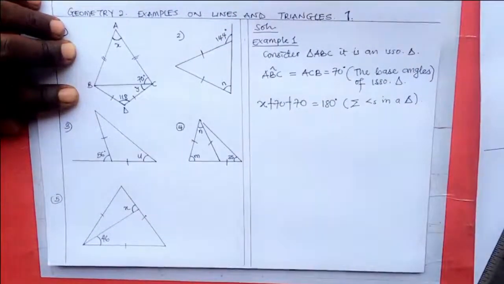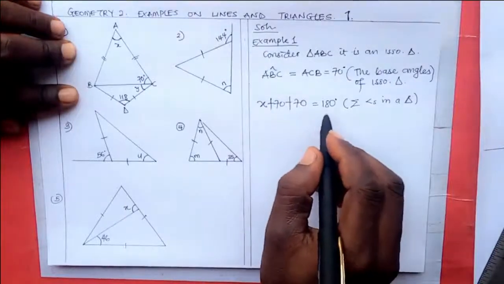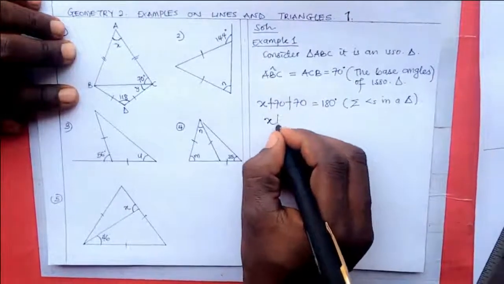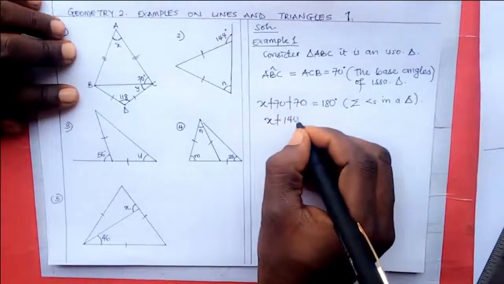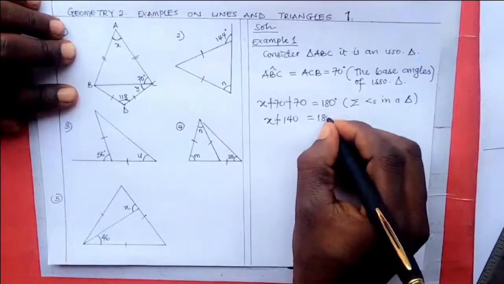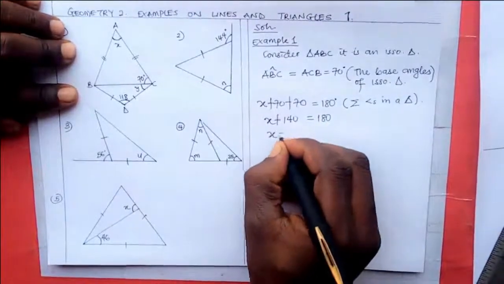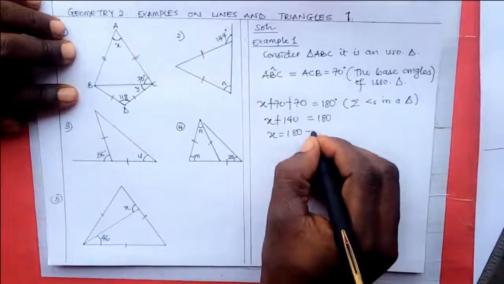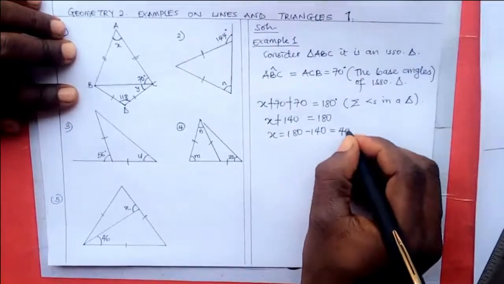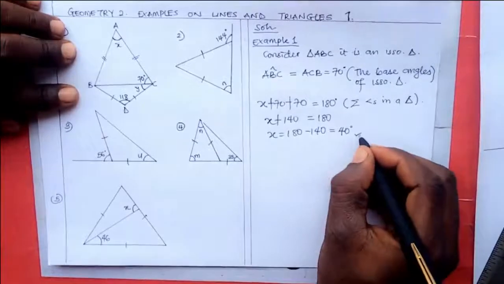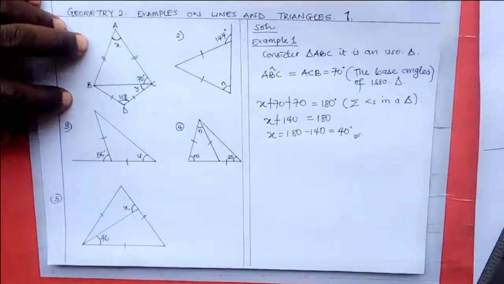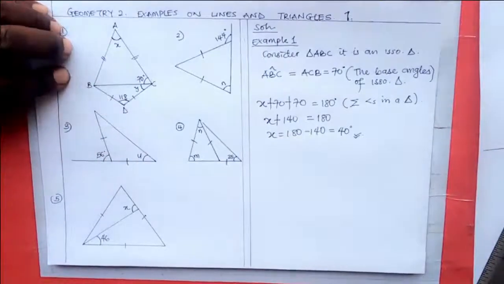So sum of angles in a triangle is equal to 180 degrees. Then I have x plus 140 is equal to 180. Then I have x equal to 180 minus 140, so x is equal to 40 degrees. That is the answer.